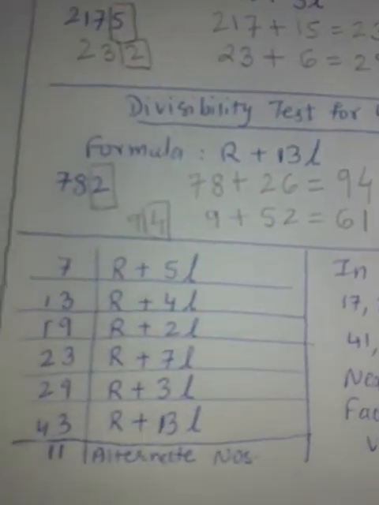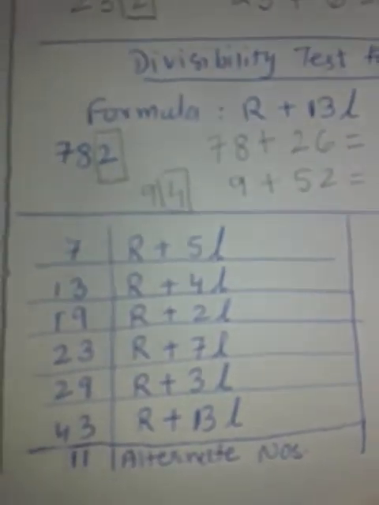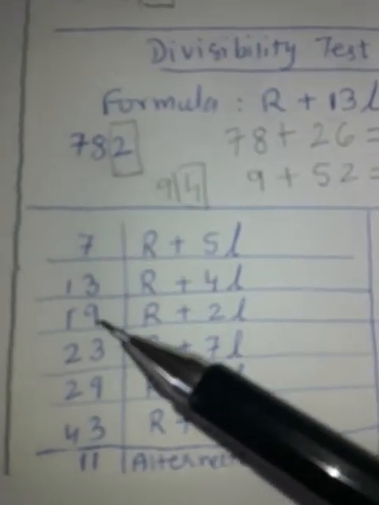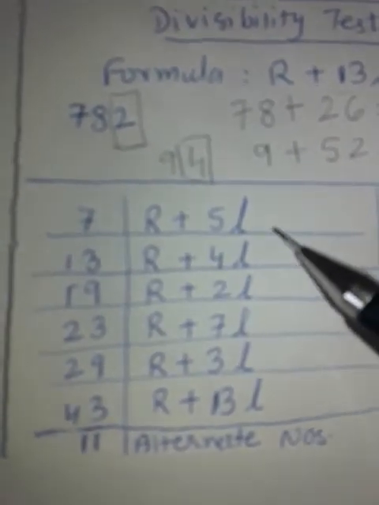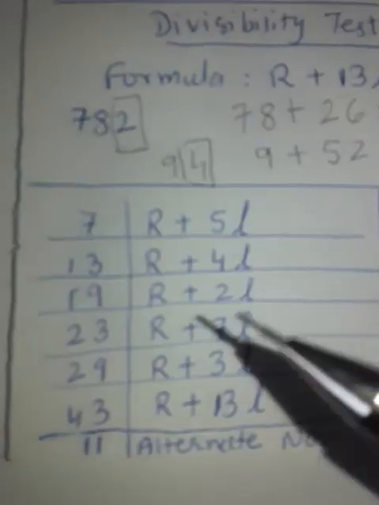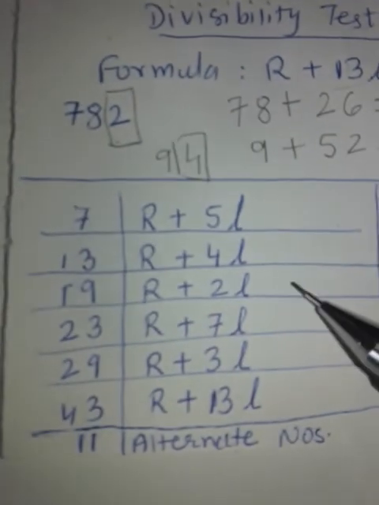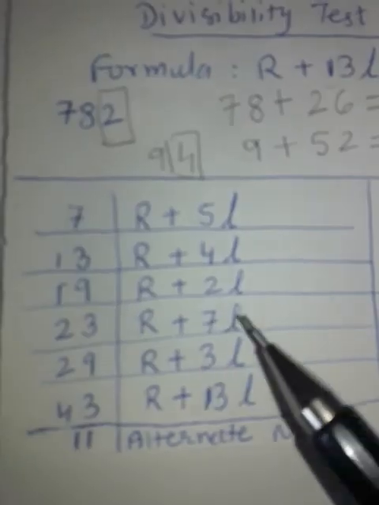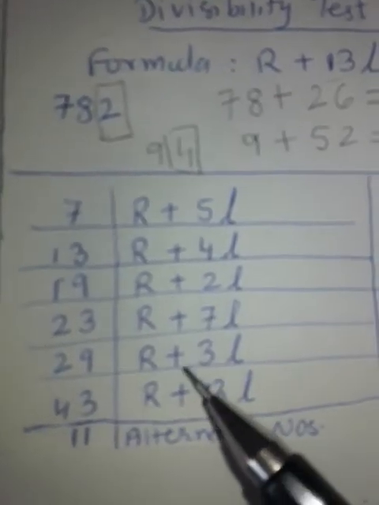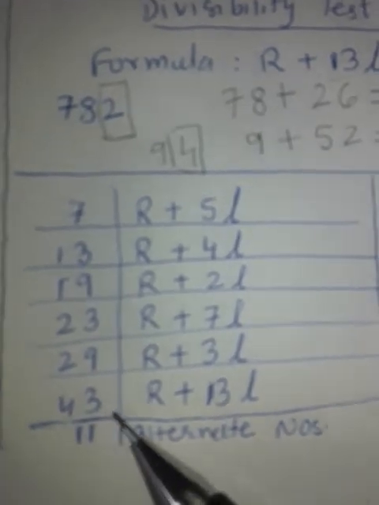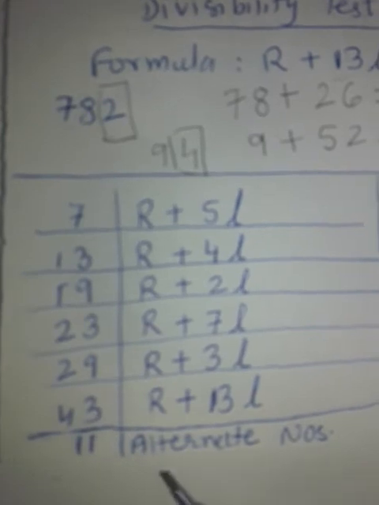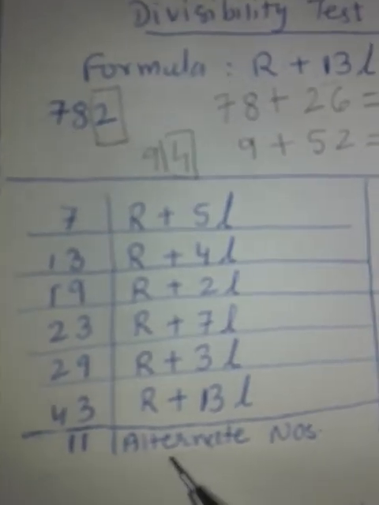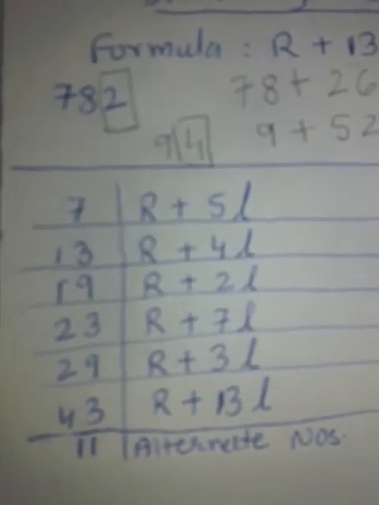So what we saw today is, see, I have given you a ready table here. For all these prime numbers, these are the formulae. For 7 it is R plus 5L, 13 R plus 4L, 19 R plus 2L, 23 R plus 7L, 29 R plus 3L, and 43 is R plus 13L. For 11 what we did? We chose alternate numbers and we tried that test.